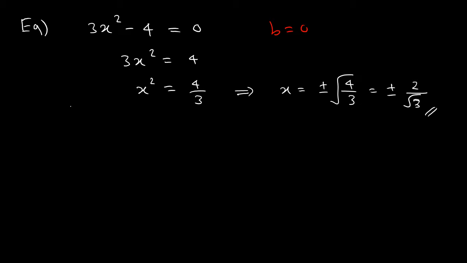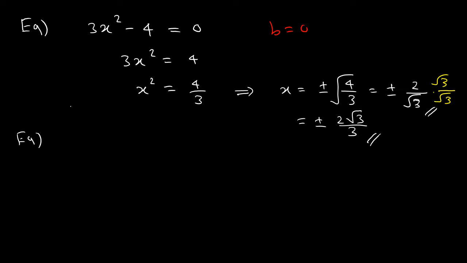To rationalize the denominator, you multiply the top and bottom by square root 3. So your final answer is plus or minus 2 square root 3 over 3. So that's the final answer. So how about this one then?